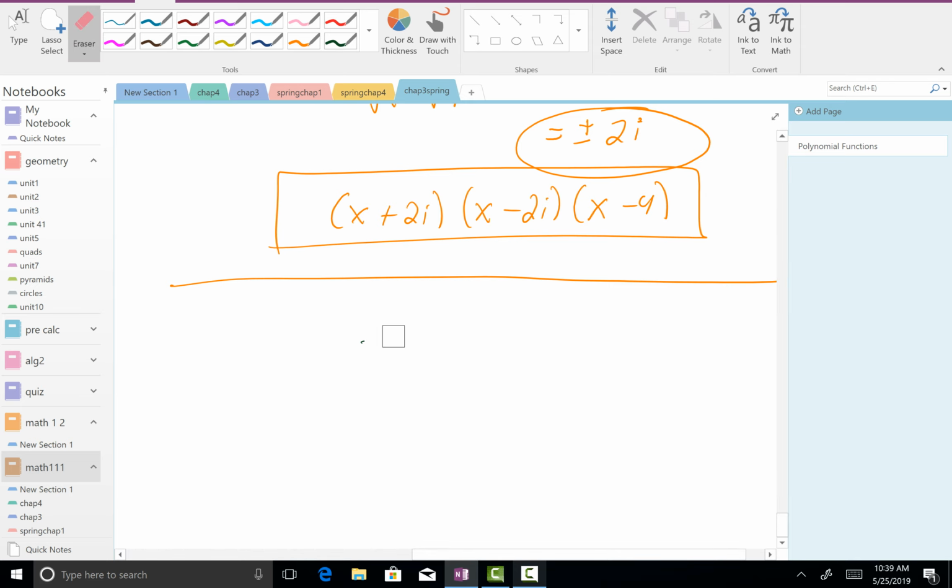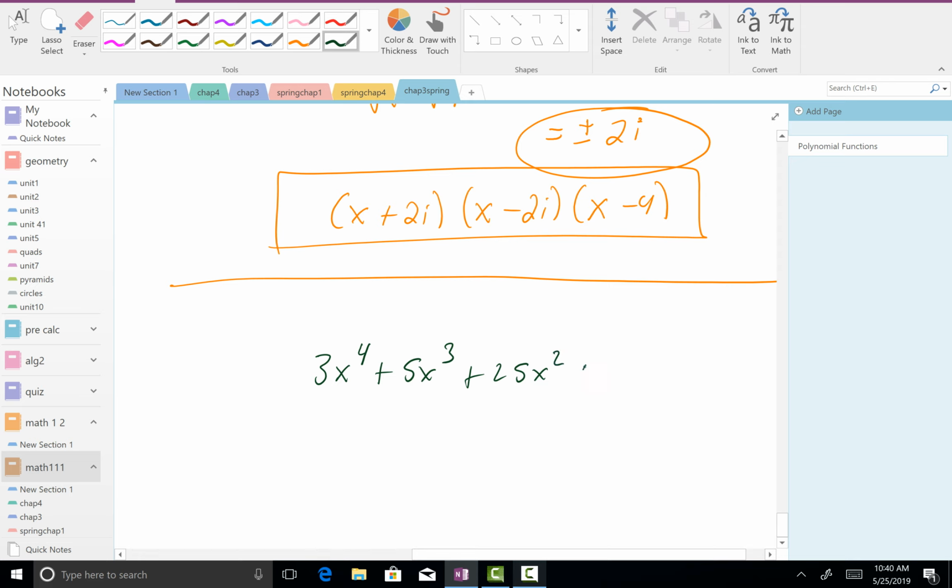We can do a fourth. 3x to the fourth plus 5x cubed plus 25x squared plus 45x minus 18 equals 0. Okay, we can do one of these. All right, let's do it.